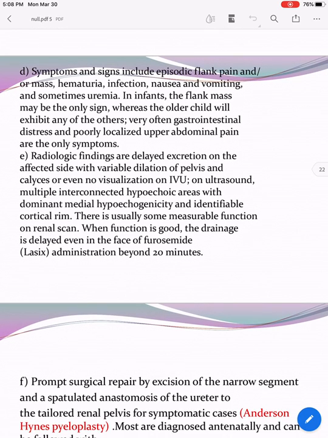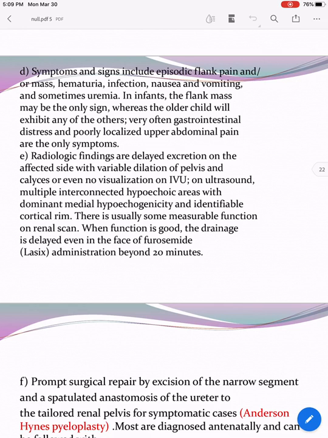And in order to establish the diagnosis, we have to perform an IVU examination. In IVU, we have different features, from simple to more severe types of PUJ obstruction, like an increase in the size of the renal pelvis, enlargement of the renal pelvis.